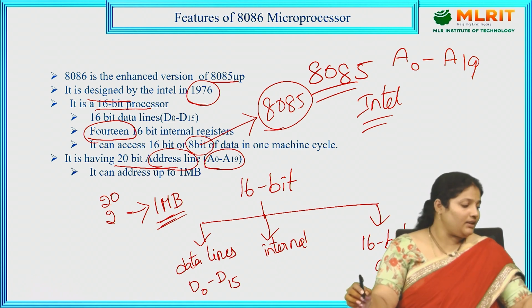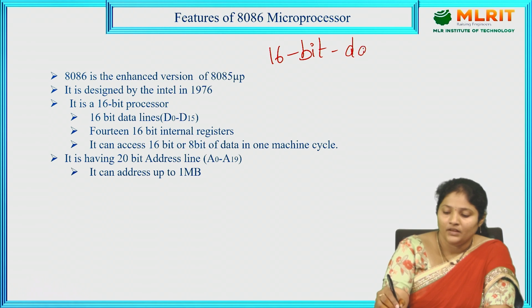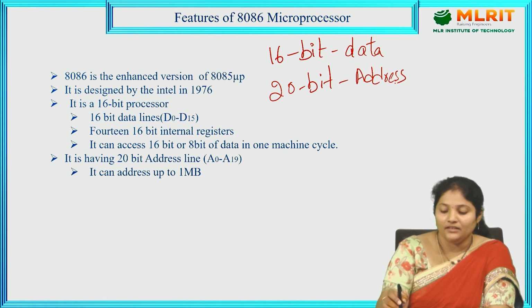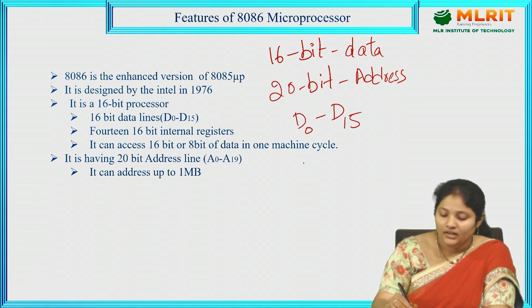Here you can see that the data lines are 16 bits and the address lines are 20 bits. These are the data lines D0 to D15, a total of 16 data lines, and the address lines A0 to A19.